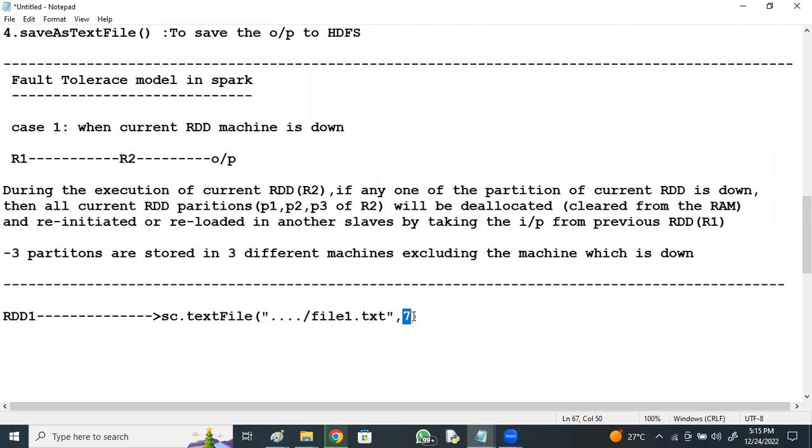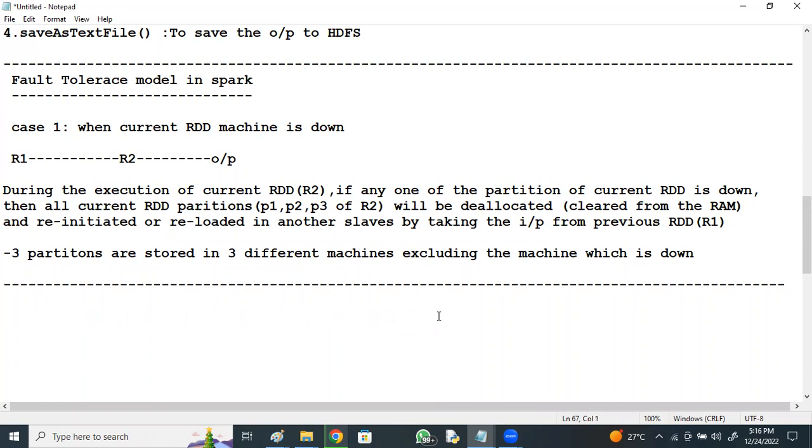If you give 7, it will be stored across 7 systems; if you give 10, across 10 systems. RDD1 takes as many partitions as you provide while loading the file; otherwise it takes the default. To find out how many partitions, use the command rdd.getNumPartitions. Otherwise, you can specify your own partitions.